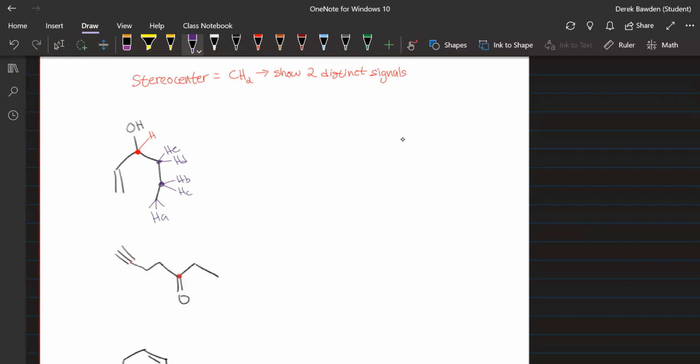And then this hydrogen will be HF, this hydrogen G, HH, and these two will be separate as well, HI and HJ. So we have a total of 10 HNMR signals.